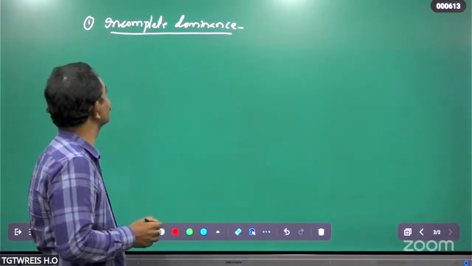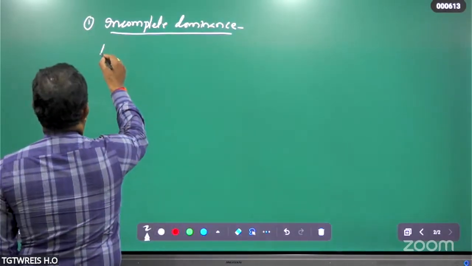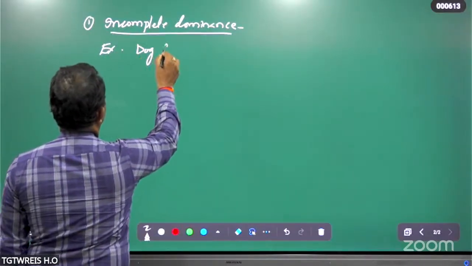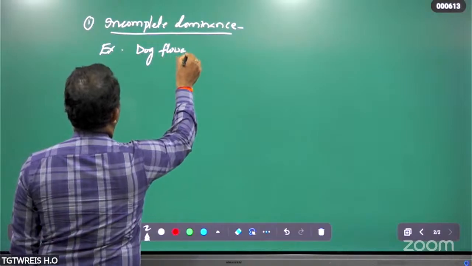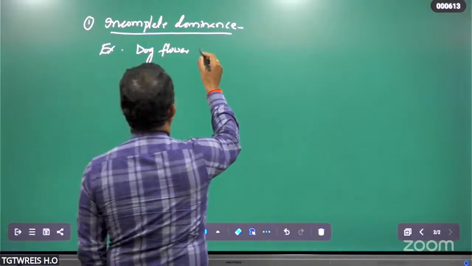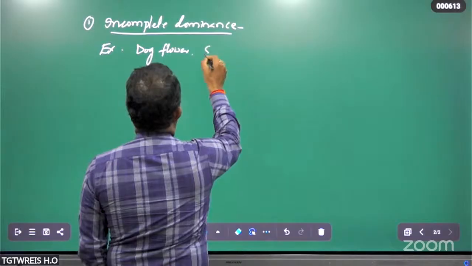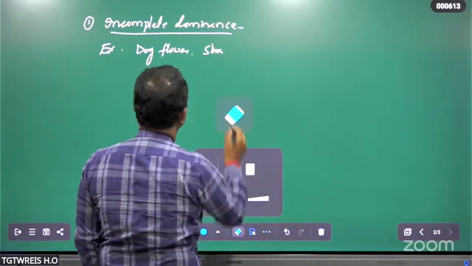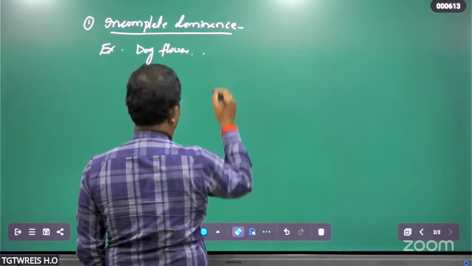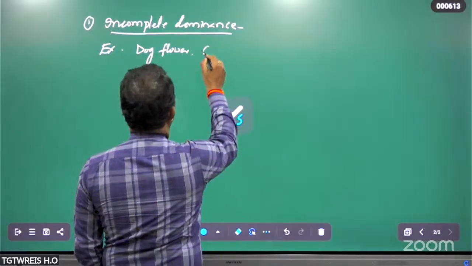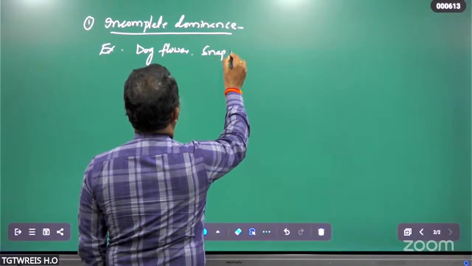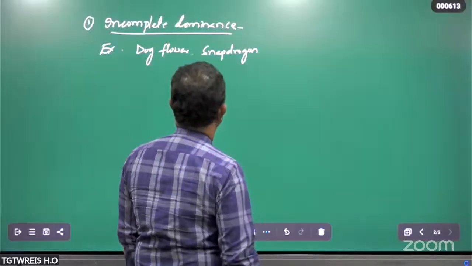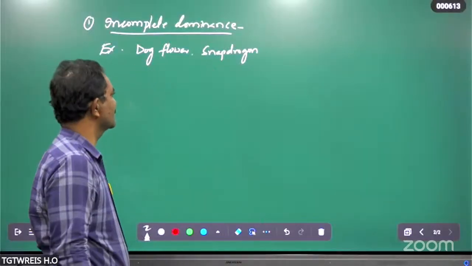An example of incomplete dominance is the dog flower, Snapdragon.